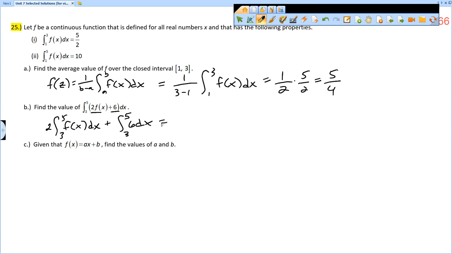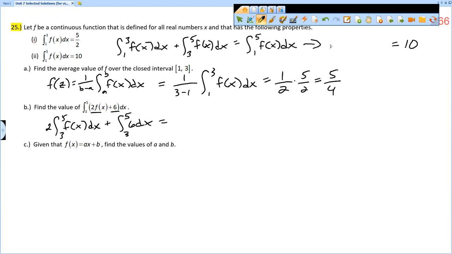Now, the first one, the integral from 3 to 5. I'm given the integral from 1 to 5 and the integral from 1 to 3. So we have to remember that the integral from 1 to 3 of f of x dx plus the integral from 3 to 5 of f of x dx would equal the integral from 1 to 5 of f of x dx. So now simple algebra: we are told that the integral from 1 to 5 is 10.